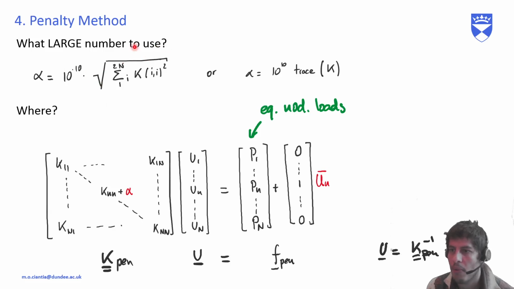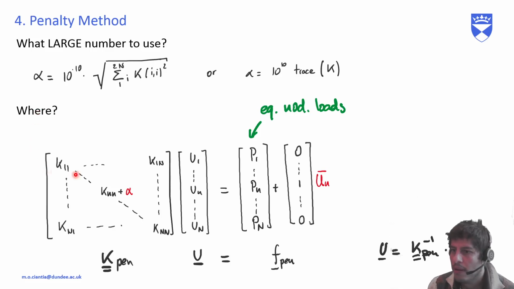So that's why we want to have in the penalty factor something related with the terms already existing in the stiffness matrix. And so either this or, for example, and in the example I will show in a minute, I use the trace, so basically the sum of all the terms inside of the diagonal, so the trace of k.